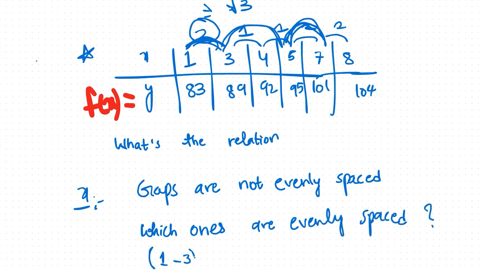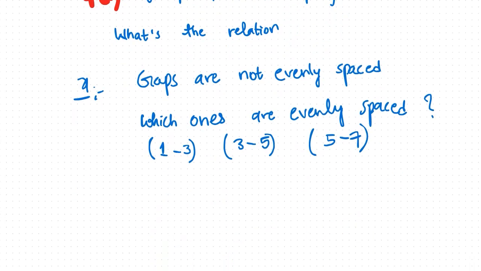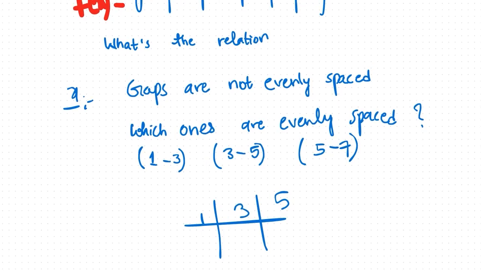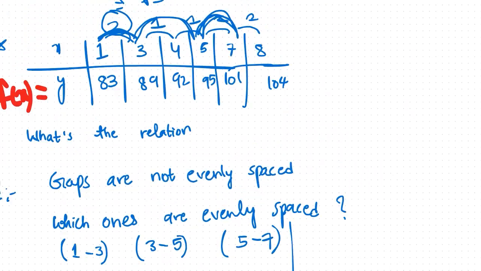If you consider 1, 3, 5, we consider only these three values. Or if you consider the interval 3, 4, 5, that is also fine.